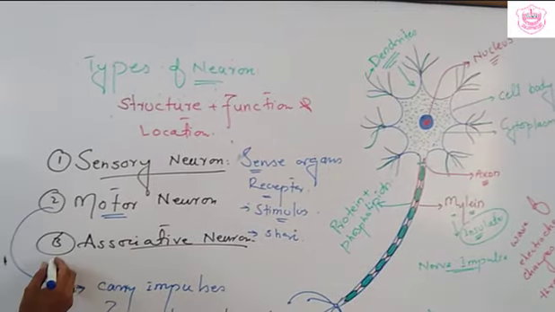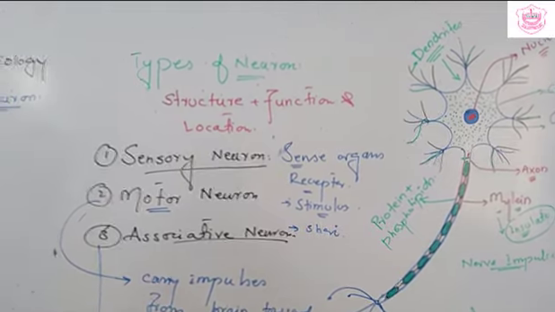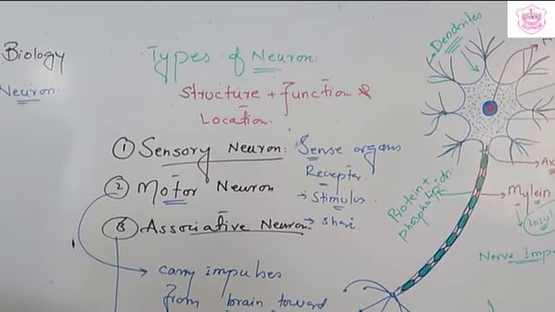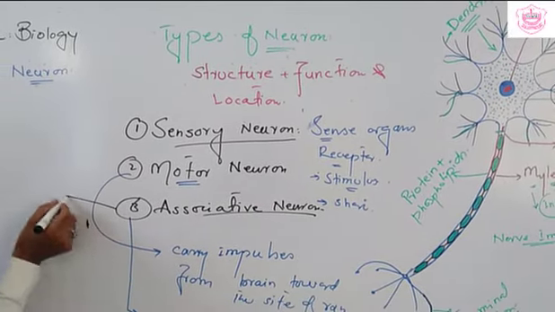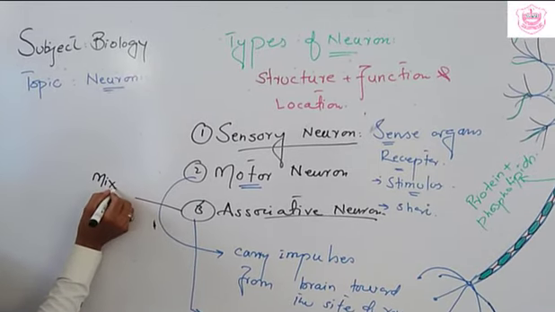Now coming toward the associative neuron. Associative neurons are also called interneurons or mixed neurons.